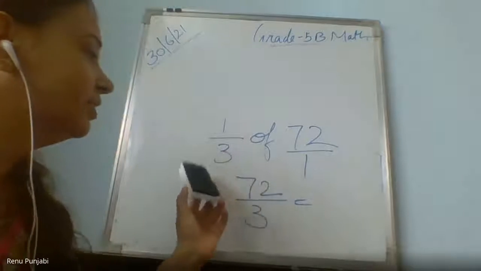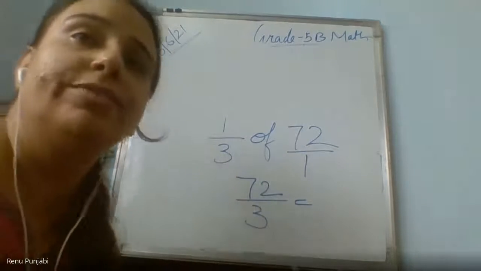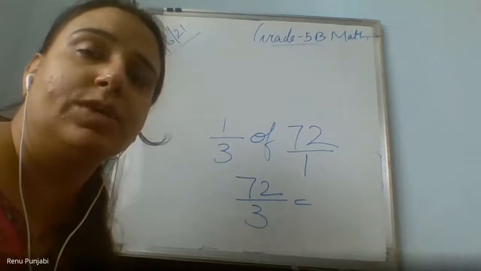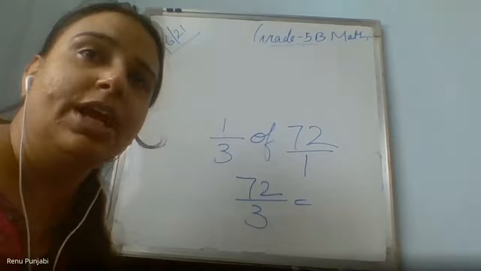On the worksheet of the fraction of a number, we have to take out the answer. I have given 1/3 of this, 1/5 of this, 1/4 of this. This worksheet I have sent, no? 5th worksheet. Have you completed that, Anushka? No, ma'am. I had a confusion on it, so that's why I asked.